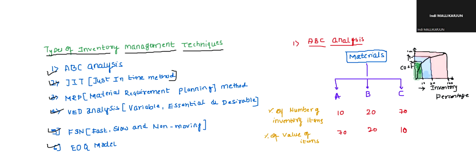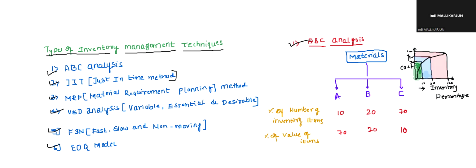For those inventories, you have to order, store, use, and sell them, or sell the end product using the inventories. That is inventory management. For managing those inventories, we have several techniques. Among these, today we are going to deal with the ABC analysis.